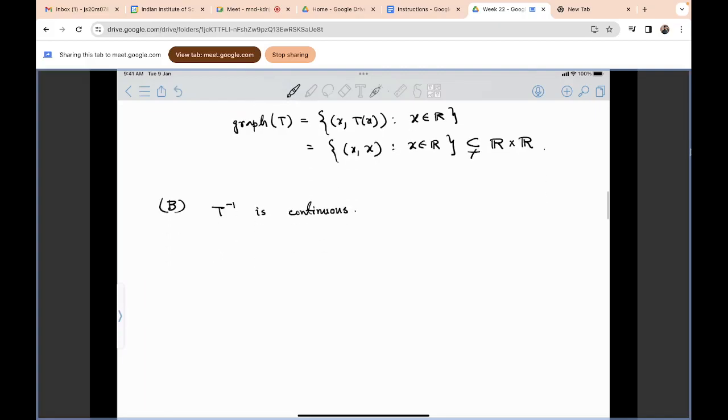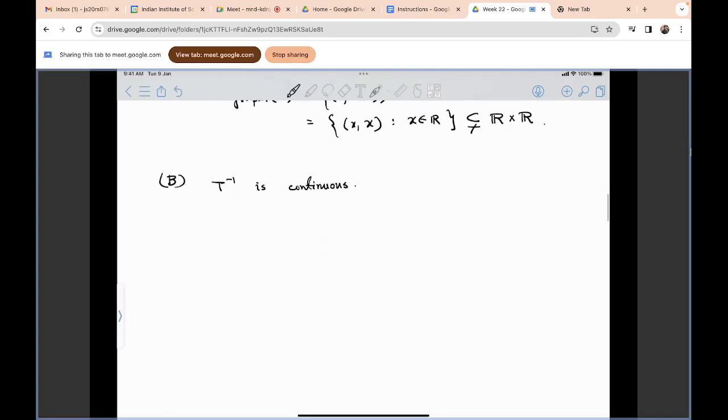First let's check why T inverse exists: because T is given to be bijective, T inverse exists. So this is again false. If we are saying that this is not continuous, we have to give a counterexample.